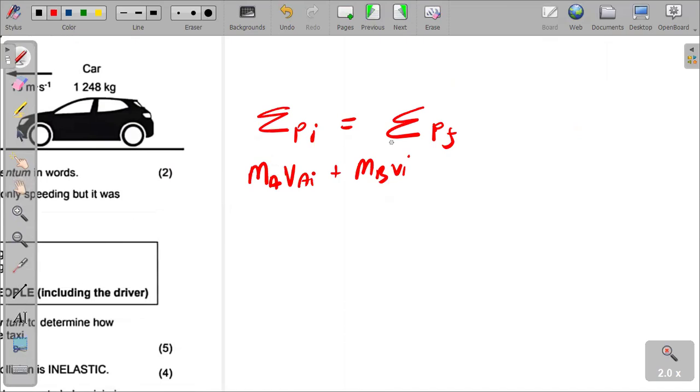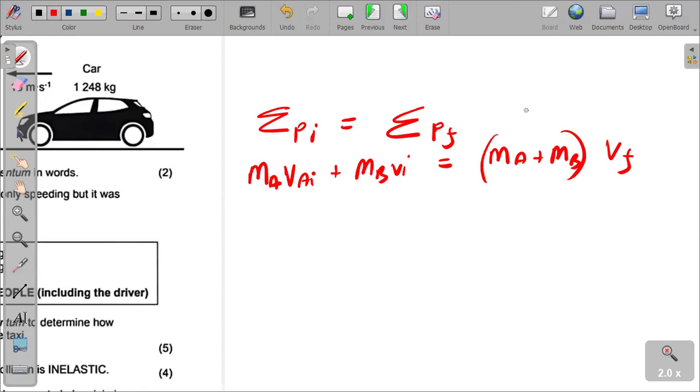VBI is equal to, now because they collided and moved together, we can say (MA plus MB) VF. We are now saying they have moved together after the collision. Okay, so this is the situation that we now have.